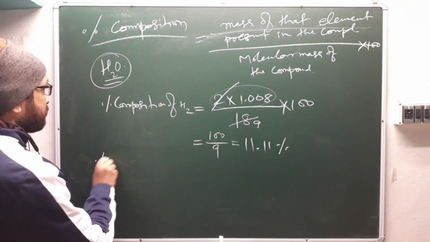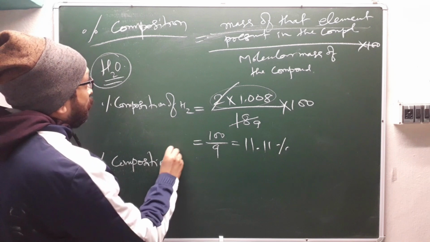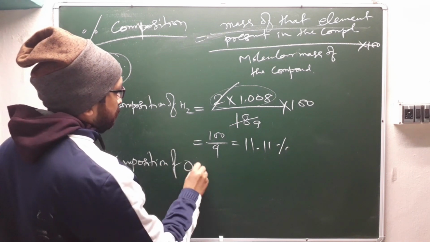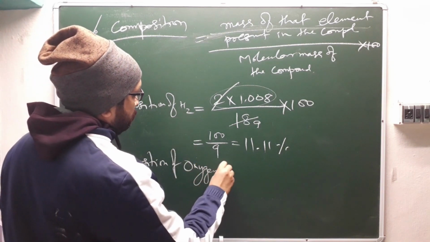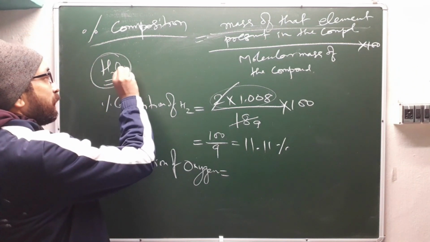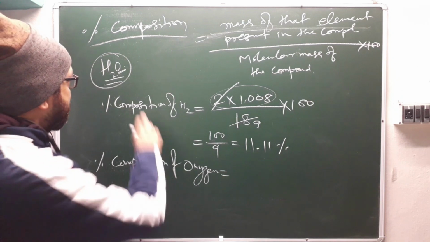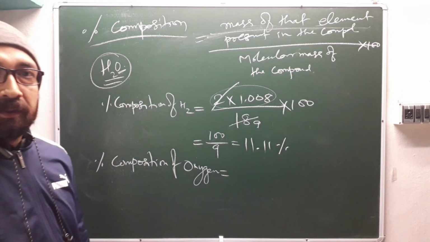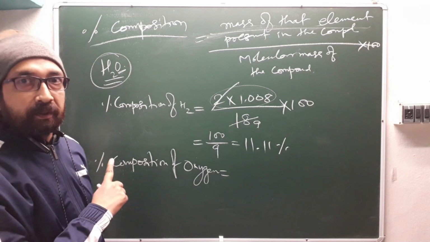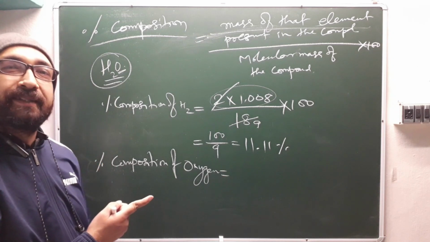Now the percentage composition of oxygen. There is only one oxygen atom. The atomic number of oxygen is 8, so the atomic mass will be 16.